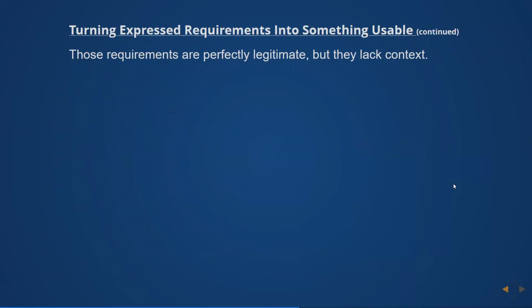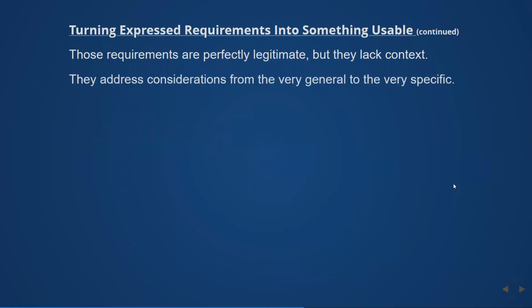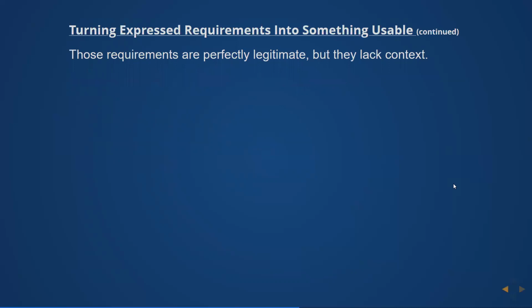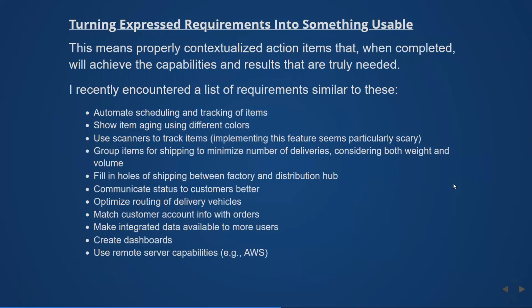So continuing on, I'm going to say that all those requirements are perfectly legitimate, but we often need more information. Some of the requirements are very specific, like the one that says show item aging using different colors, the second one down.